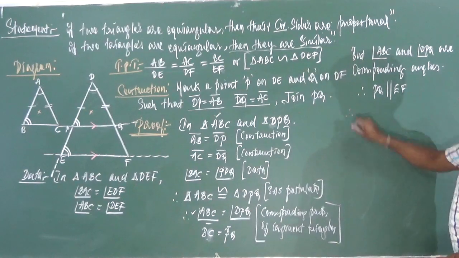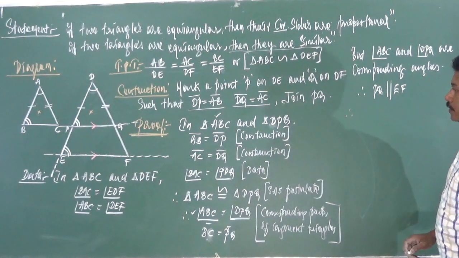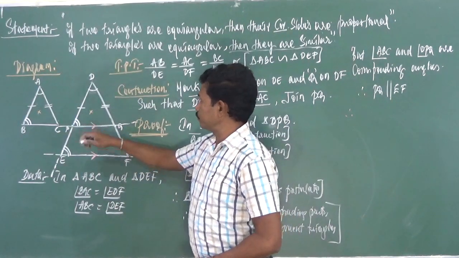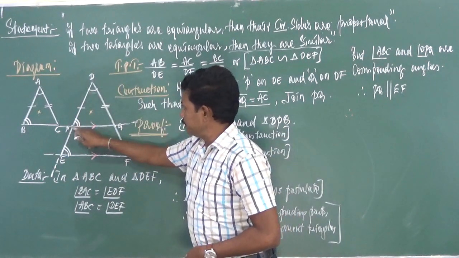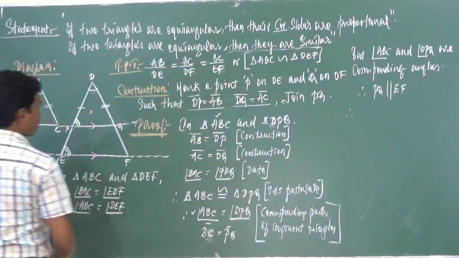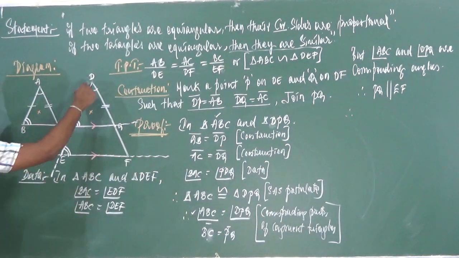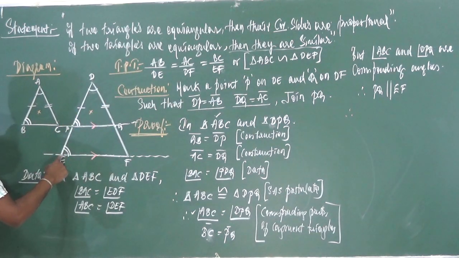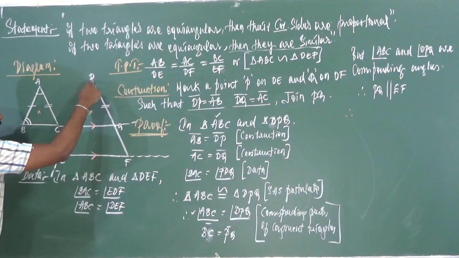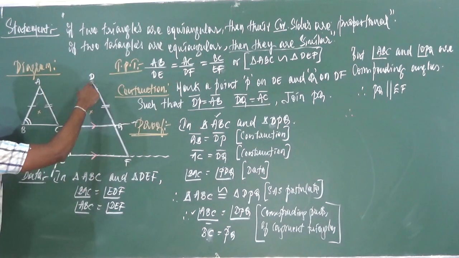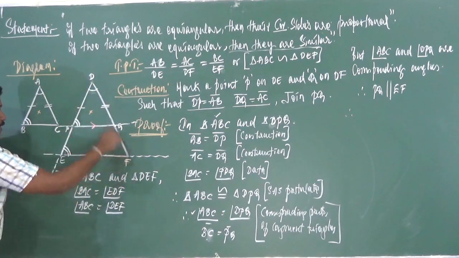So, therefore, I will write the conclusion here. We will take the proportionality. Therefore, DP by DE, sides, I am taking DP as the side of triangle DPQ and DE the side of triangle DEF.